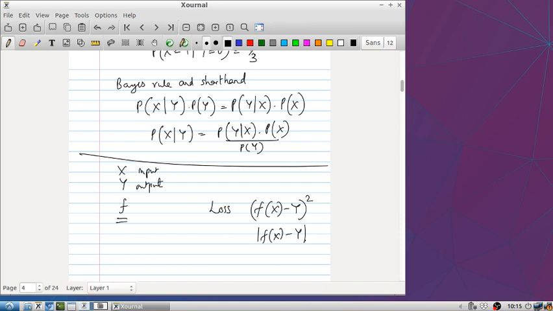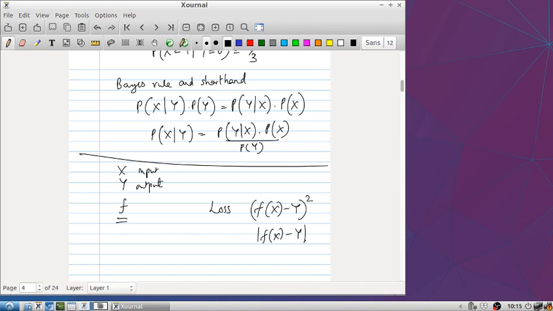Then the error, or loss, is 1 unit. If it's predicting 4, 4 minus 3 is also 1 unit. So it doesn't matter which side you're on. It's always positive. It's just saying how much is the difference between what you're predicting and what is the reality. If the difference isn't 1, then the squared loss will be bigger.